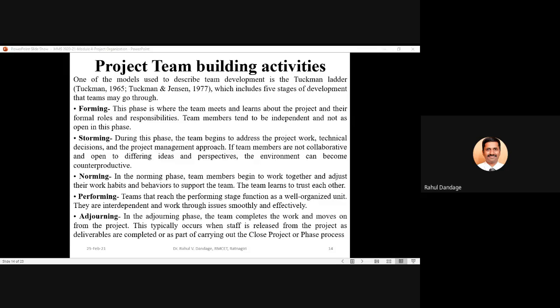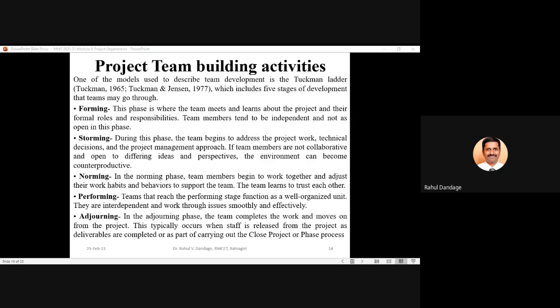Whenever they start working together, they will start adjusting to the needs and requirements of other people and try to bring some collaborative solution, which in turn will help the overall performance of your team.